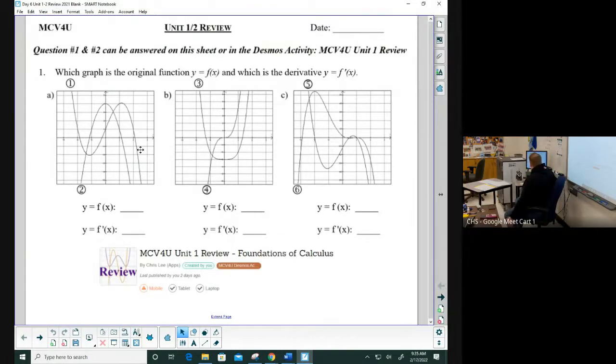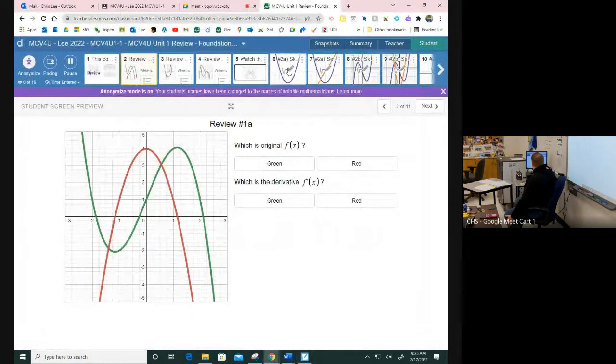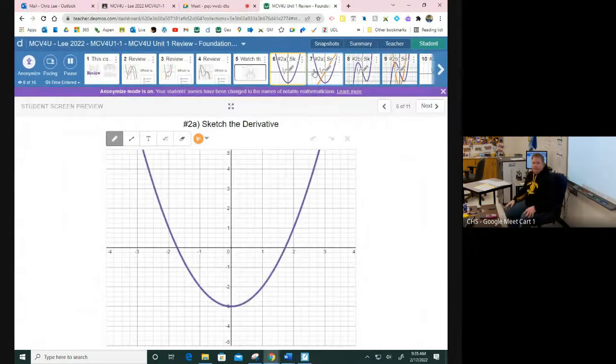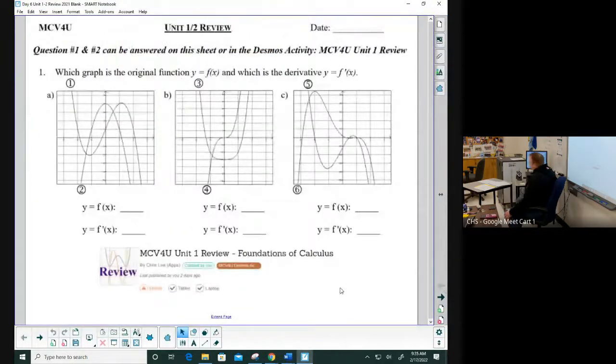And when we move on to the sketching, we would have the same sketch there. You could use Desmos to sketch, or you can just do it by hand. So it's totally up to you. I'm going to do it by hand, but of course it'll look the same on Desmos.